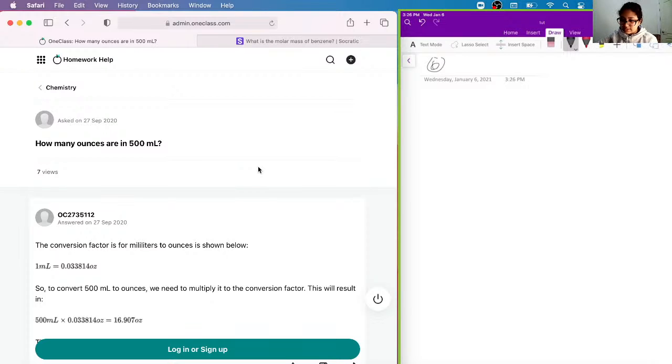Our next question says, how many ounces are in 500 milliliters? Okay, so we're talking about converting units basically.